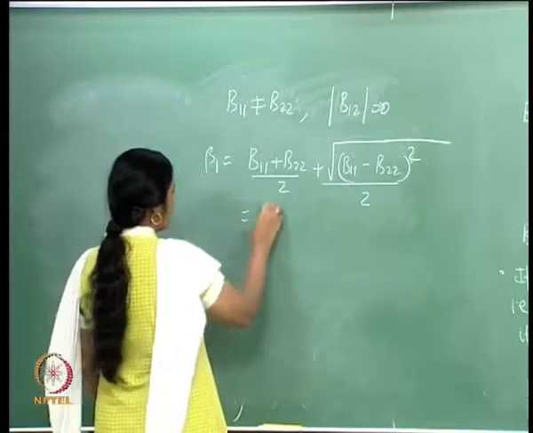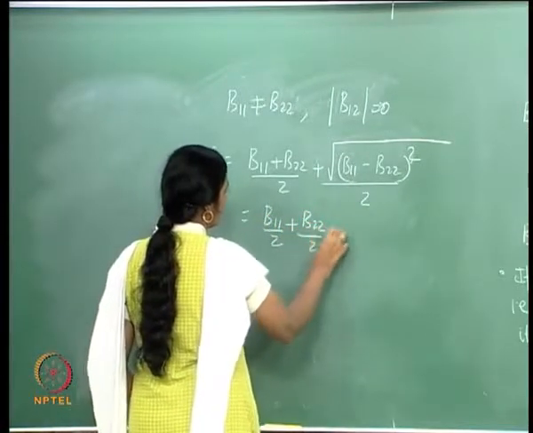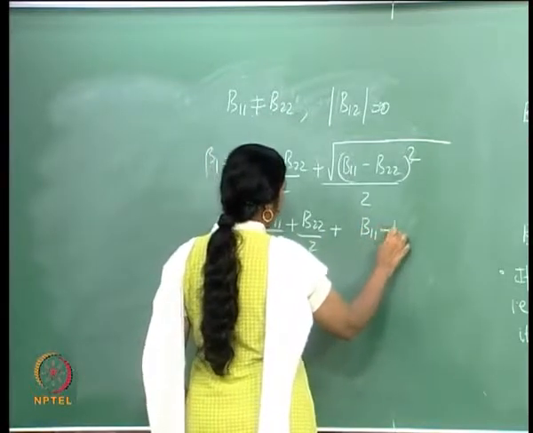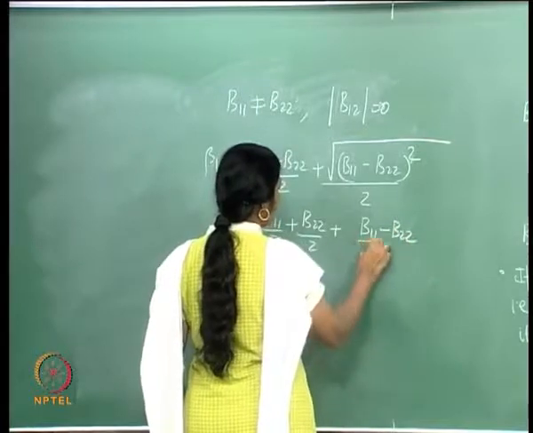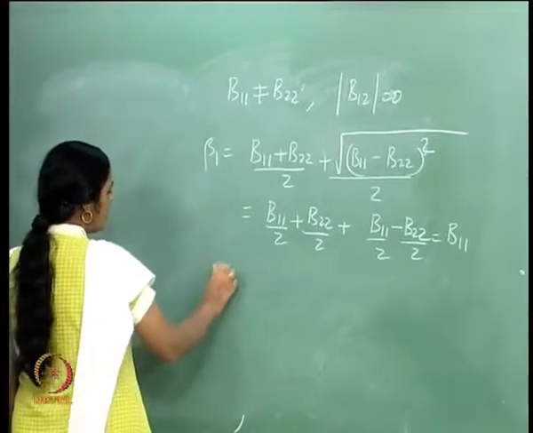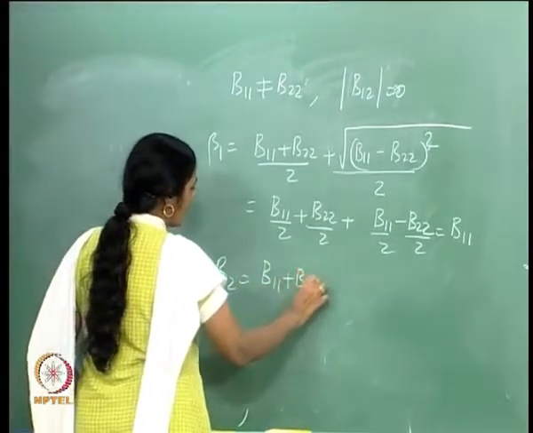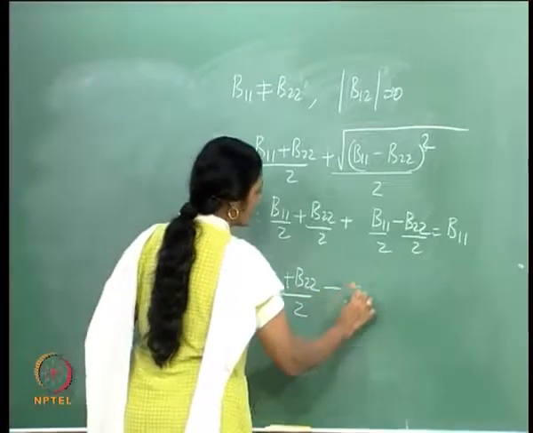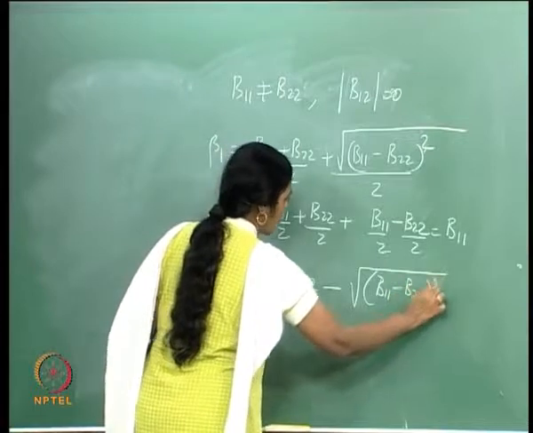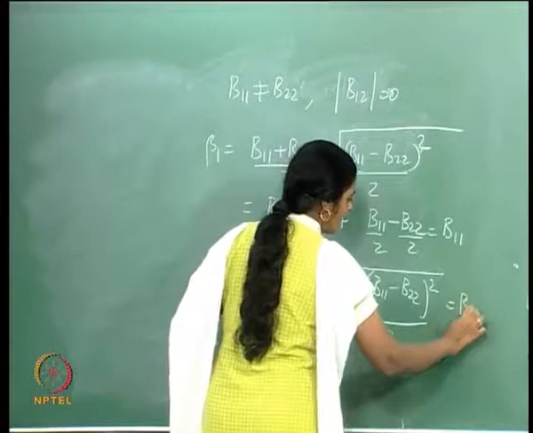So this object is simply B11 by 2 plus B22 by 2 plus B11 by 2 minus B22 by 2, which is just B11. Similarly, beta 2 is the other object, B11 plus B22 by 2 minus square root of B11 minus B22 the whole squared, the whole by 2, which is the same as B22.